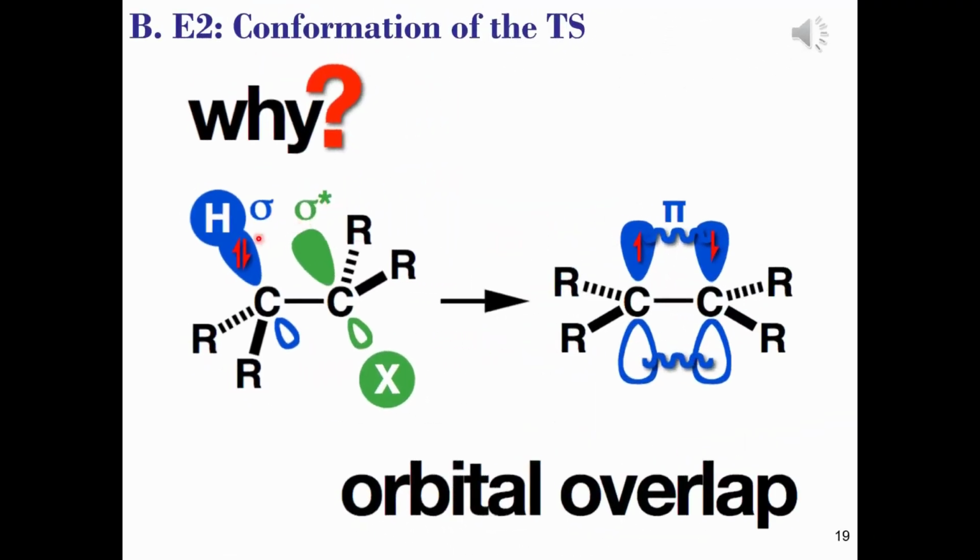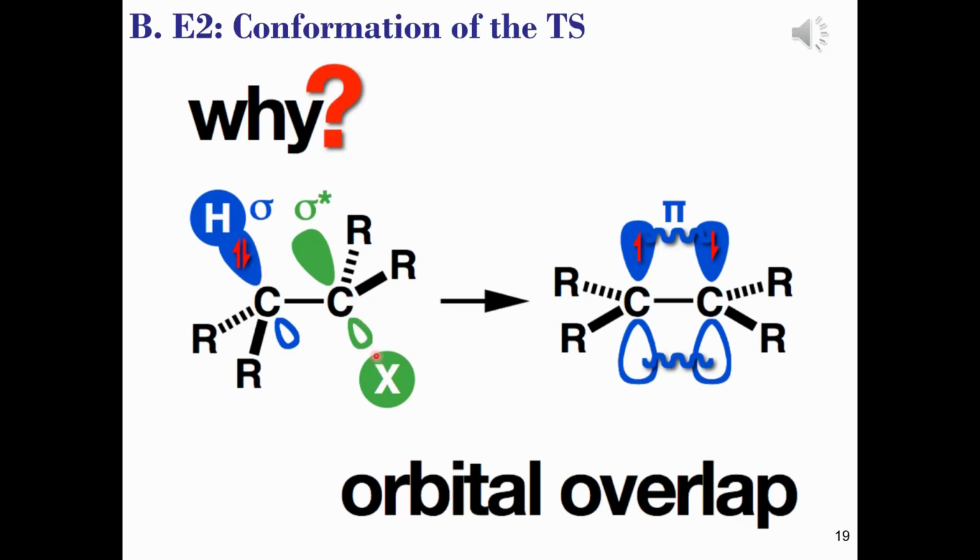Experimentally, the reaction has been proven to proceed via an anti-mechanism, and this is based upon two arguments, a steric argument and a molecular orbital argument. In this reaction, the sp3 carbon-hydrogen sigma bond contains a pair of bonding electrons. As the base approaches the hydrogen atom, the leaving group X leaves, taking the pair of electrons with it in a concerted process.